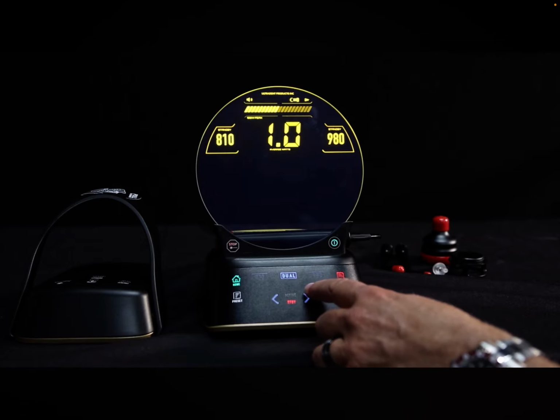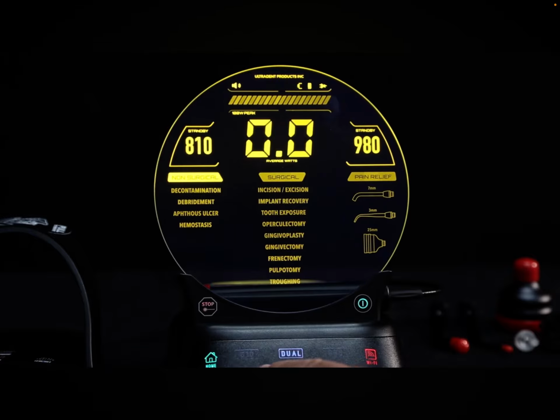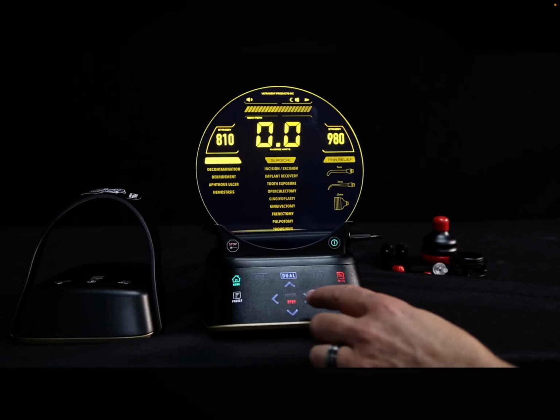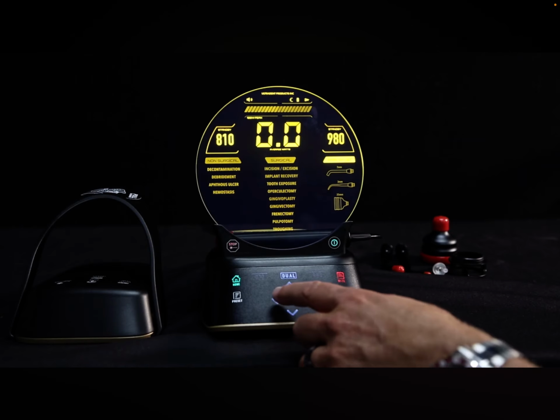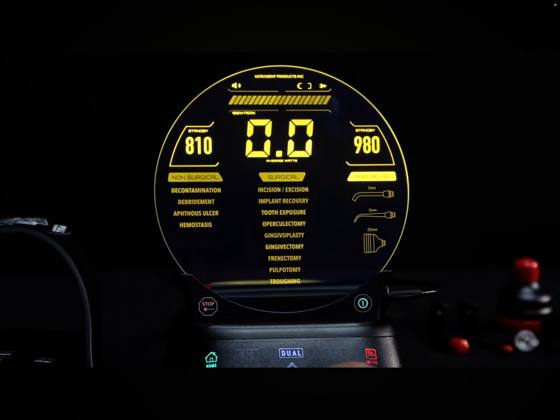The Gemini Evo comes with presets organized into 3 intuitive categories: non-surgical, surgical, and pain relief or PBM. All power settings can be customized on the Gemini Evo laser unit or via the dashboard. The pain relief or PBM presets correspond to the included 3mm, 7mm, or 25mm adapter tip.